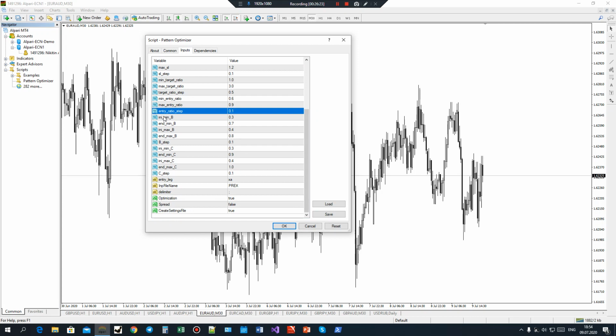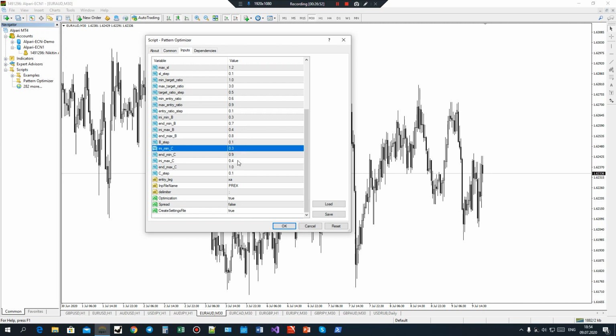Then goes the B point. The initial lowest border of the B point range is from 0.3 to 0.4, and the highest border is from 0.7 to 0.8, and the step is 0.1. That's why it goes 0.3, 0.4, 0.4, 0.5, 0.6, 0.7, 0.7, 0.8, and that was the maximum. Then goes the C point.